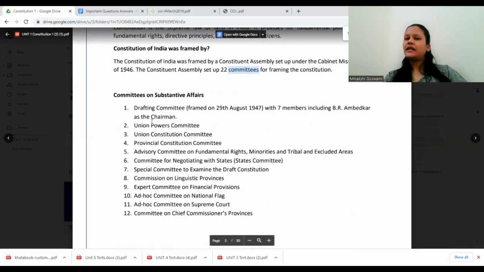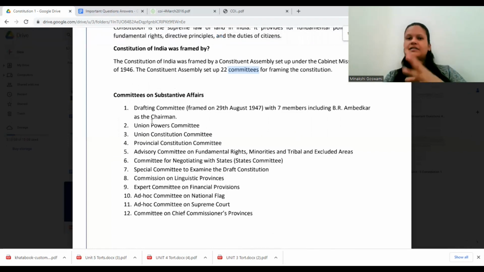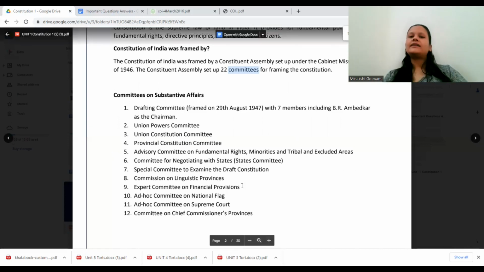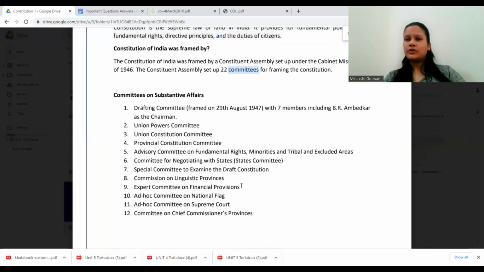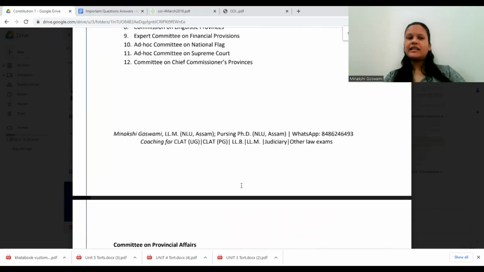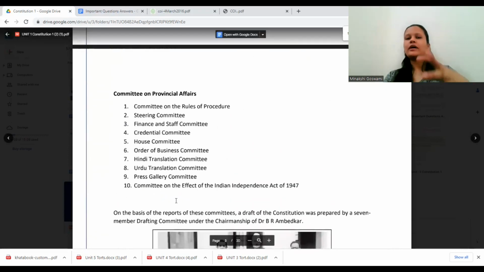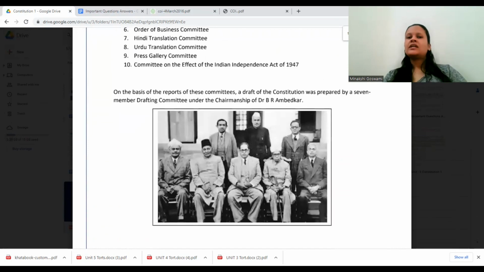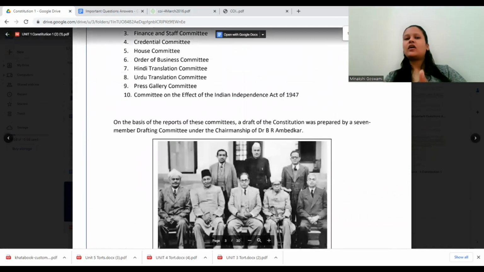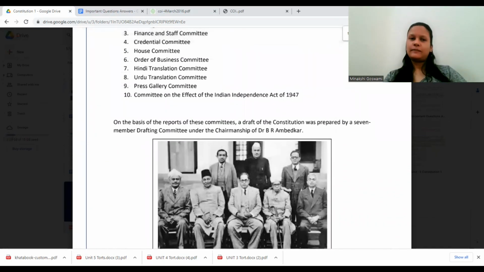All these committees had to do their research, their analysis, and finally submit a report to the drafting committee. So drafting committee is a very important committee. And finally, on the basis of all these reports of the committees taken together, the drafting committee framed something called a draft constitution.